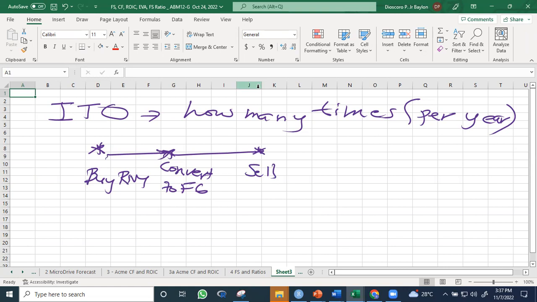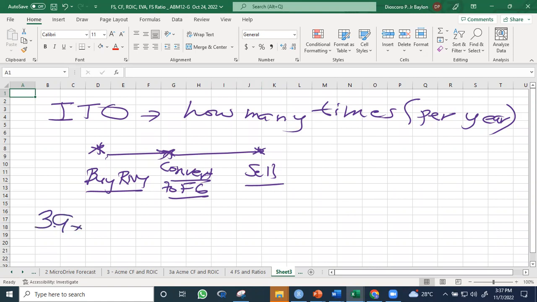So the inventory turnover tells us how many times a company buys raw materials, converts the raw materials to finished goods, and then sells. So for our company Microdrive, it's 3.9 times.